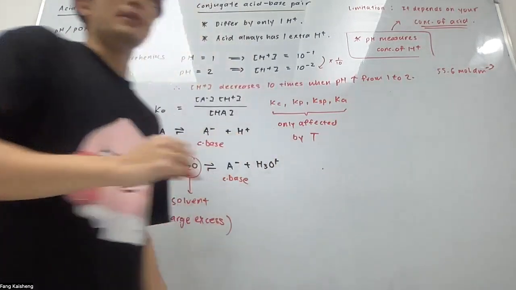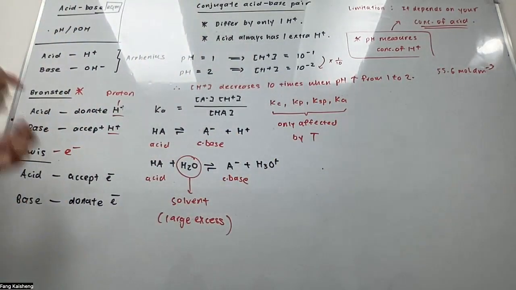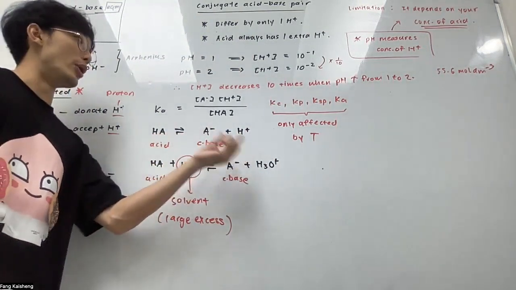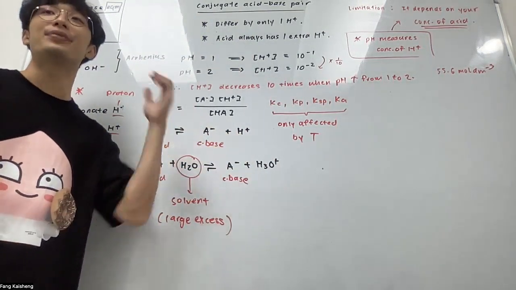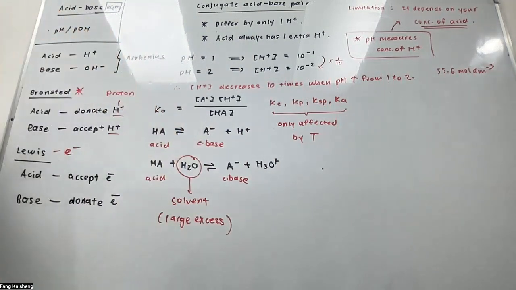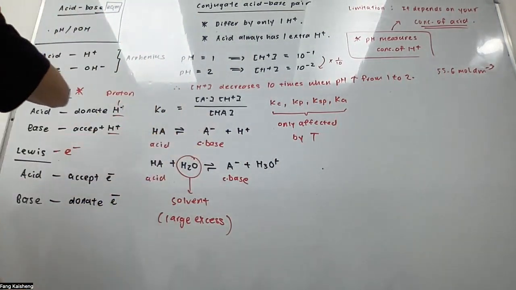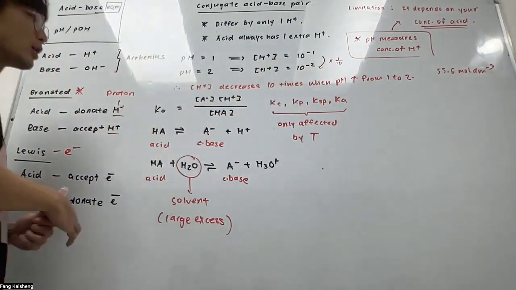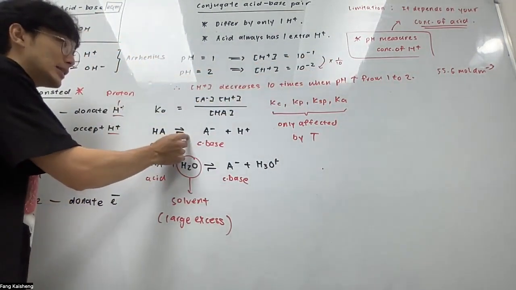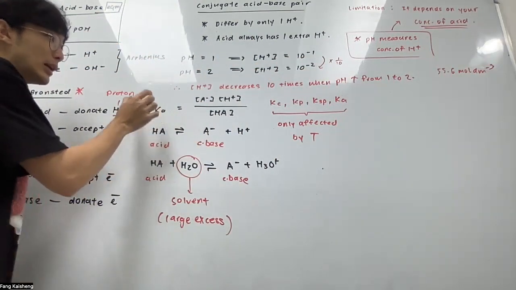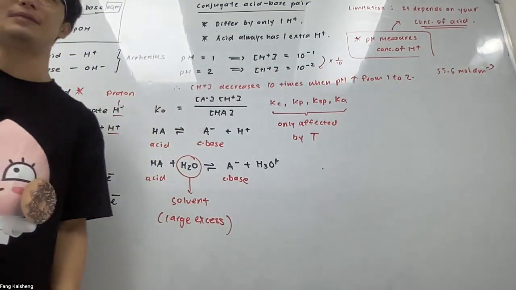Good. Meaning, if I were to change the concentration of the acid or the ions, will it change the expression? No. Take note of this. I can change the concentration however I like, but because this is an equilibrium system, it will shift left and right until it ensures the equilibrium constant remains the same.